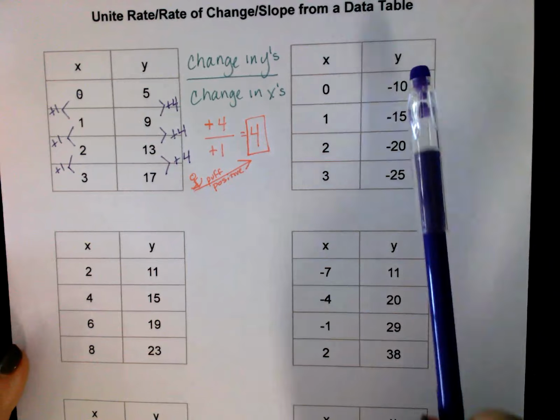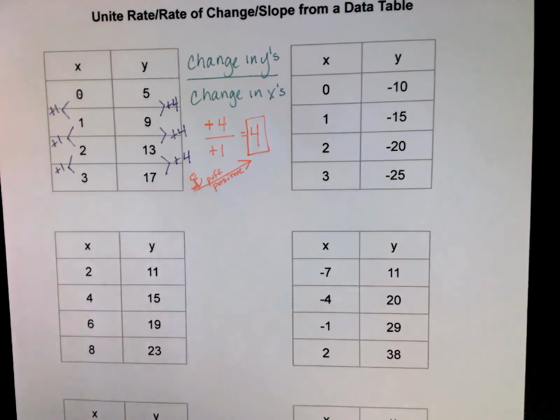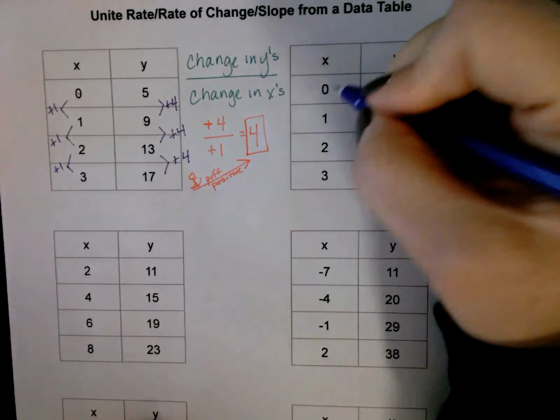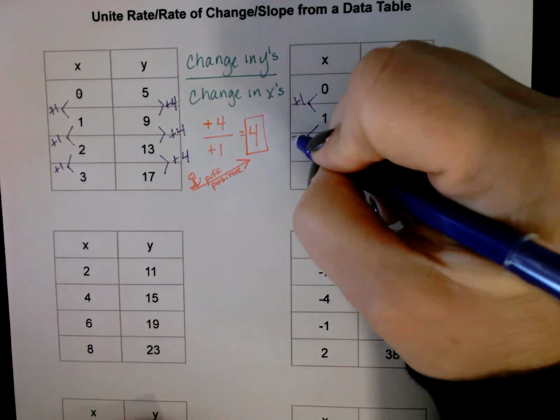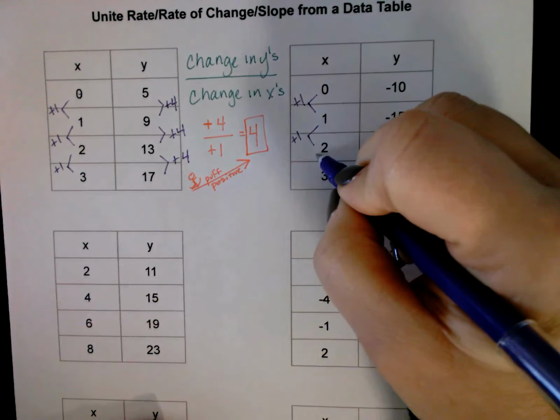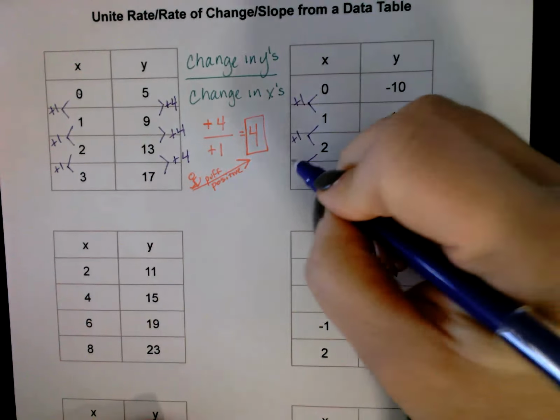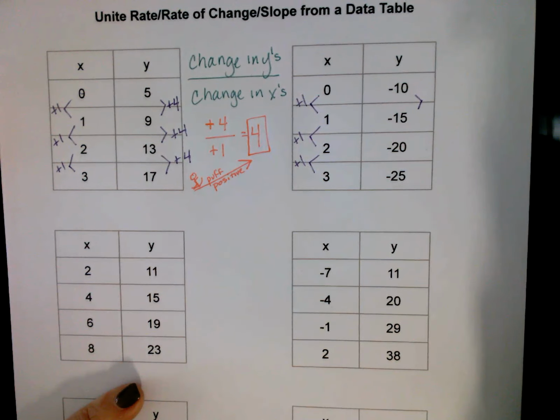Let's look at the one to the right. First, how are all of our x's changing? To go from 0 to 1, we add 1. 1 to 2, we add 1. 2 to 3, we add 1. But our y's are doing something a little different.